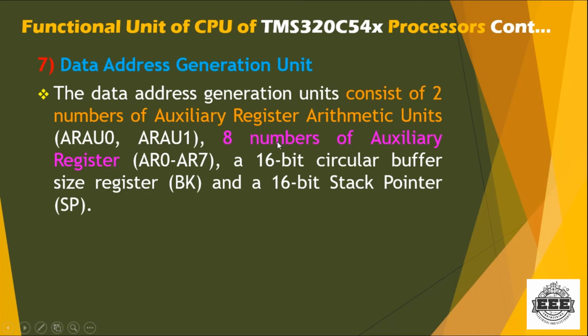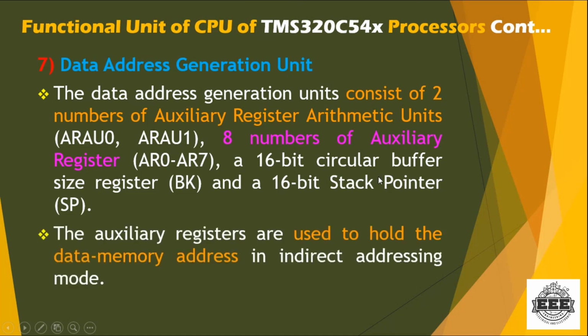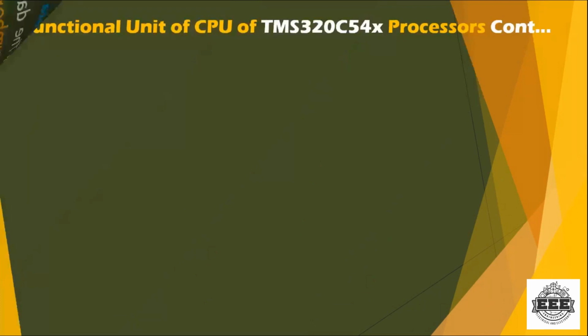Then 8 auxiliary registers AR0 to AR7, auxiliary register 0 to auxiliary register 7, and then a 16-bit circular buffer size, and then a 16-bit stack pointer. Then the auxiliary register is also used to hold the data memory address in indirect addressing mode.